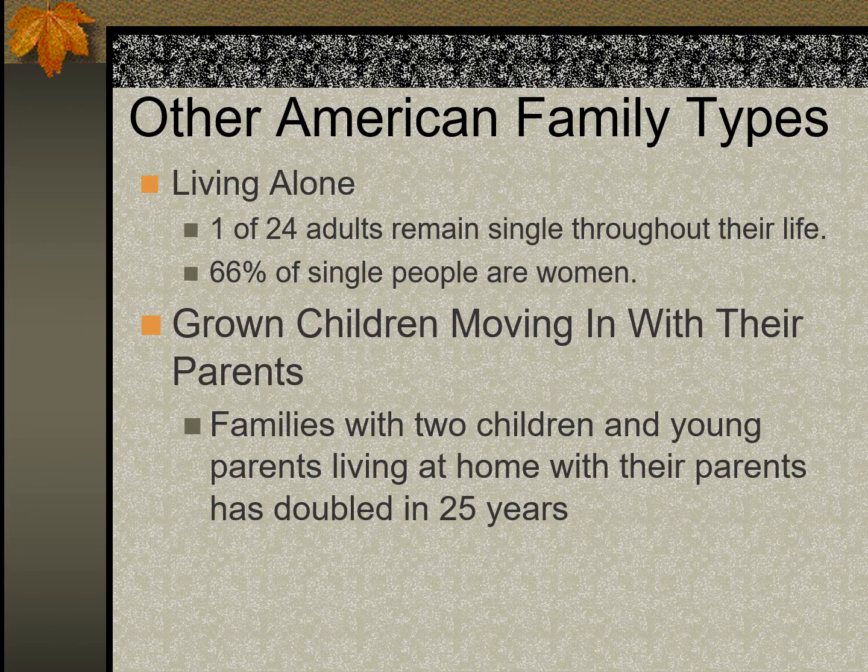And then grown children moving in with their parents is still a thing now, because with the recession happening and with how jobs are harder to come by and with the competition for jobs, a lot of times you have children who move back into their parents' house even at the age of 25, 26, things of that nature.